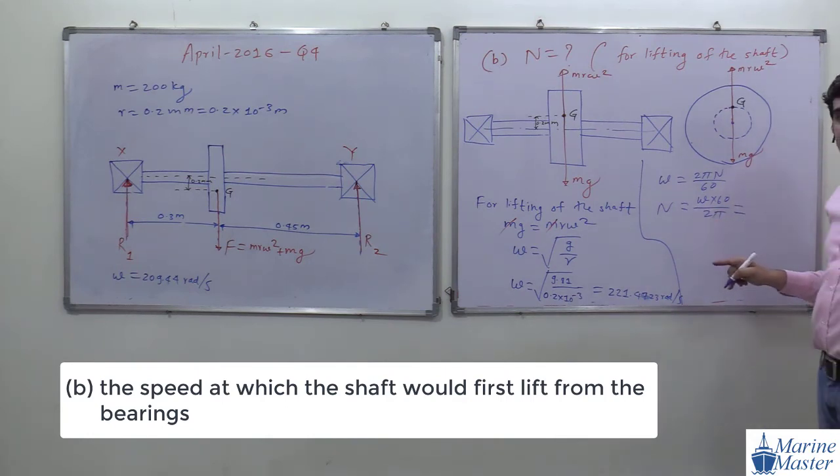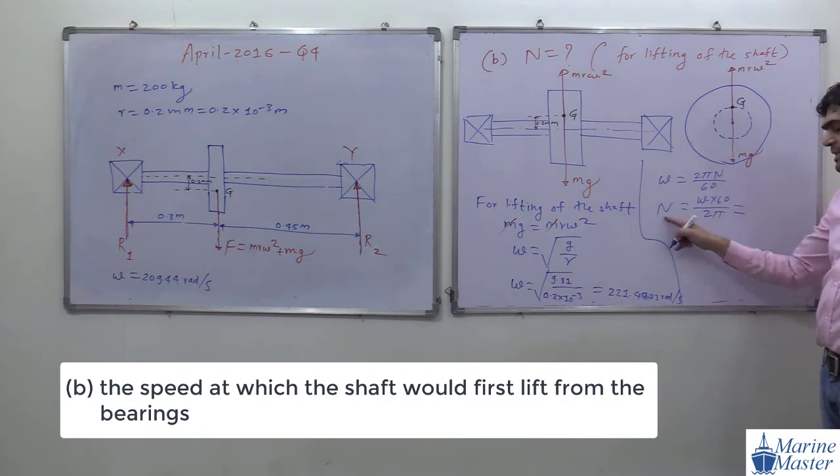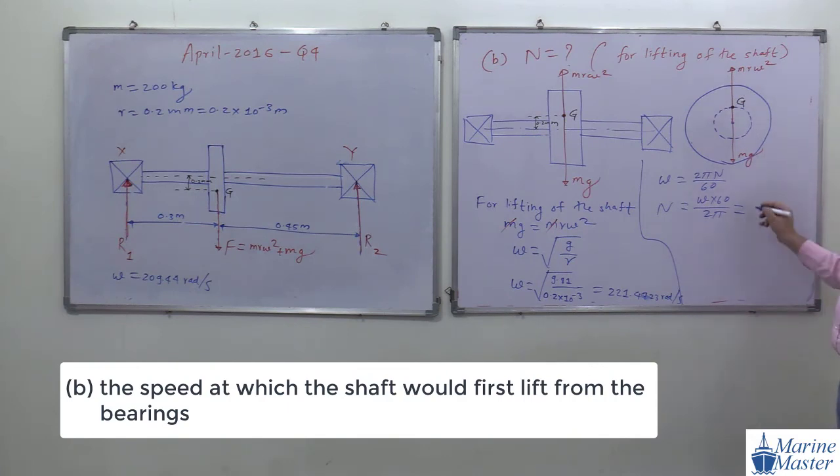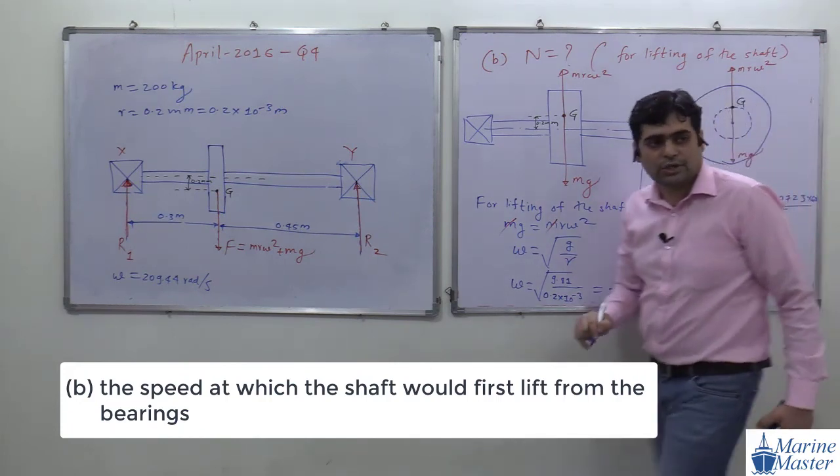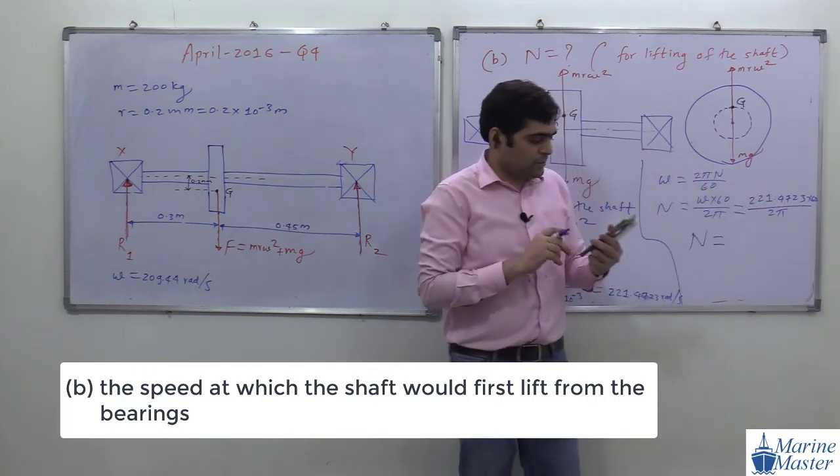So omega is how much? 221.47 multiplied by 60 divided by 2 pi. Everyone please do this calculation.